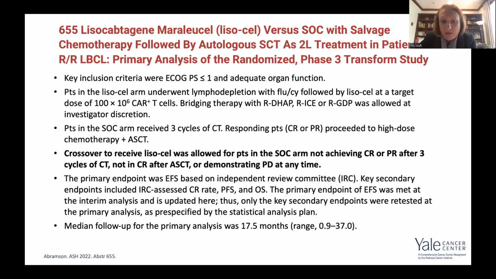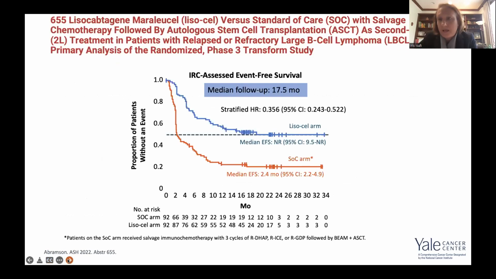They do have now a 17.5-month follow-up, and that's important because we know that the majority of these patients with primary refractory or early relapse disease will again relapse typically within the first year of salvage.